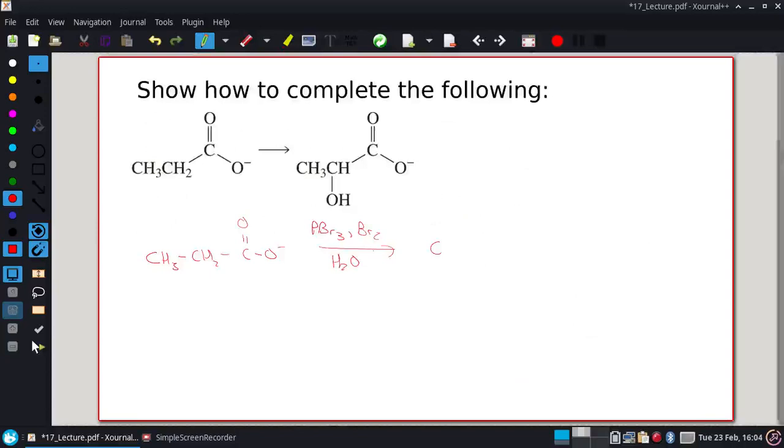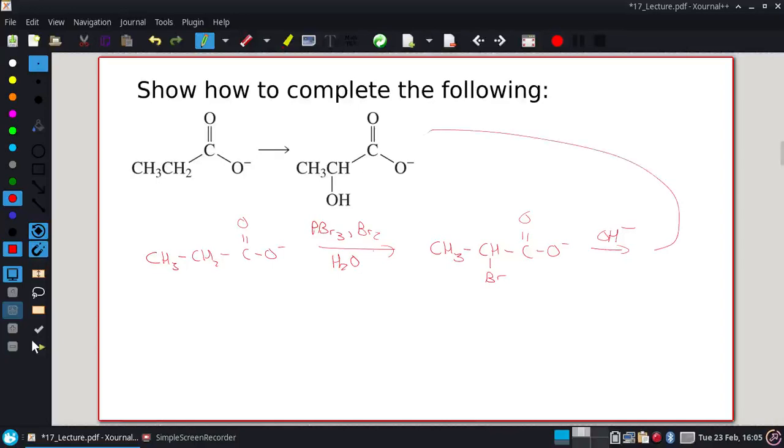And this is going to put CH3, CH, COO, Br. And then I essentially need to replace that bromine with an OH, and I can just do a simple substitution with that. So OH minus. I actually don't have to worry about deprotonating this because I already have it deprotonated, so I can do an SN2 on that location and get our final product.